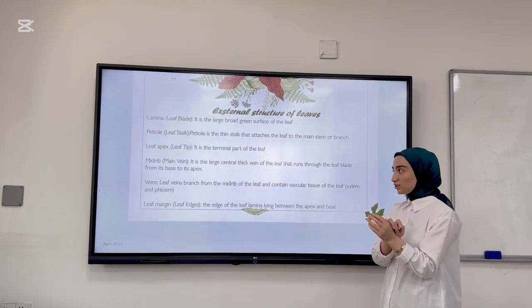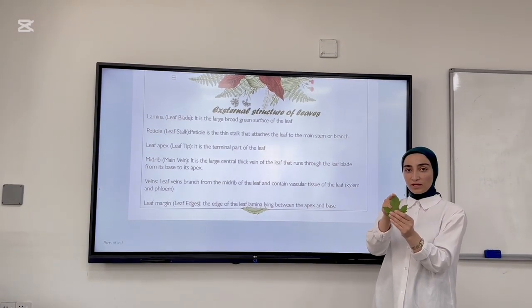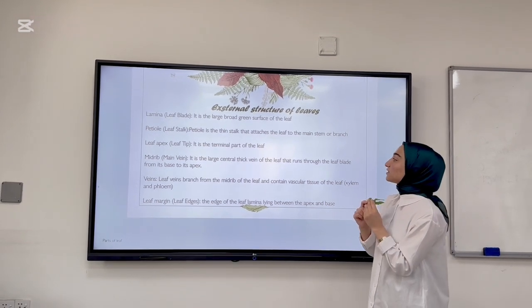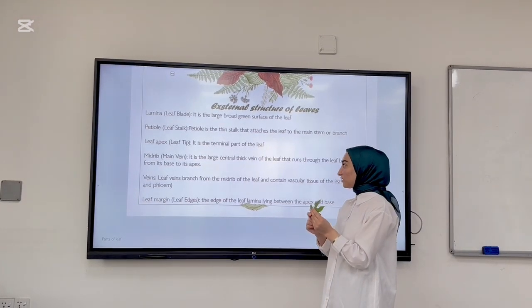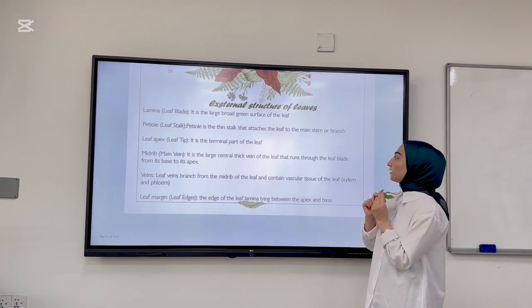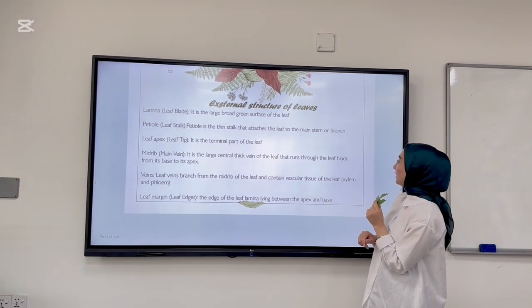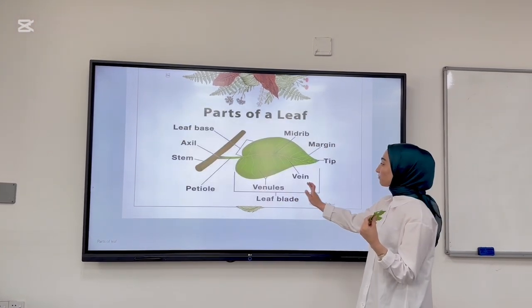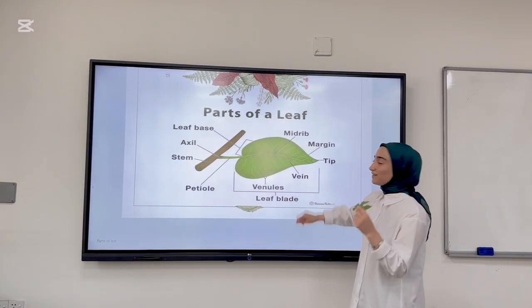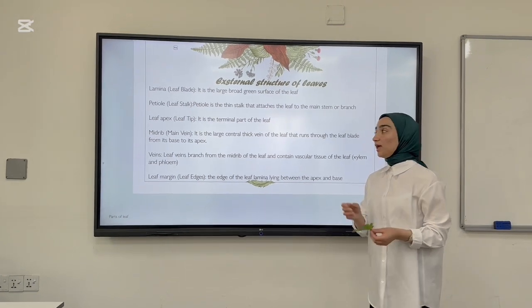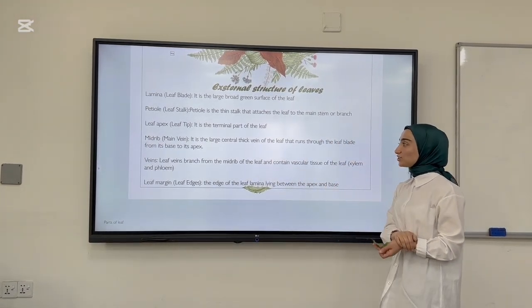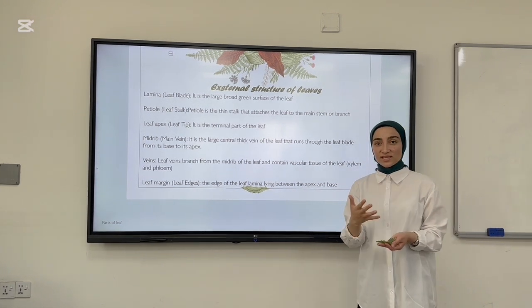And also we have the midrib. It is the large, central, thick vein of the leaf that runs through the leaf blade from its base to its apex. Midrib. We can also say main vein.